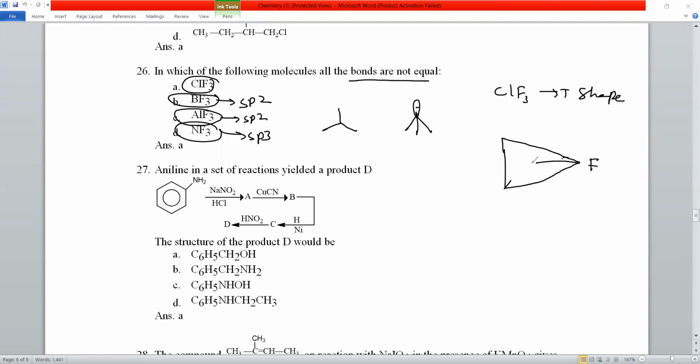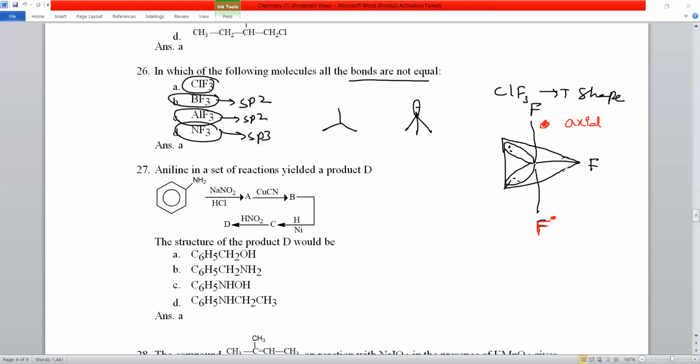One fluorine here, one lone pair on the central atom, another lone pair on the central atom, two lone pairs. So another fluorine here, another fluorine. So we have two types of bonds here. This one and this one, in red color, the two fluorines are axial bonds. Axial.